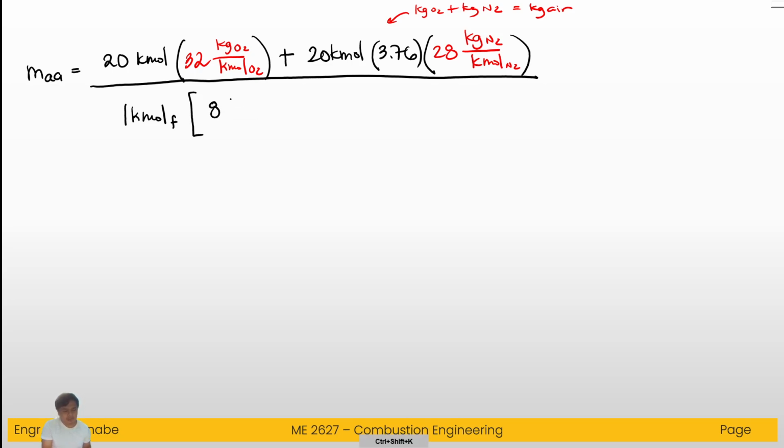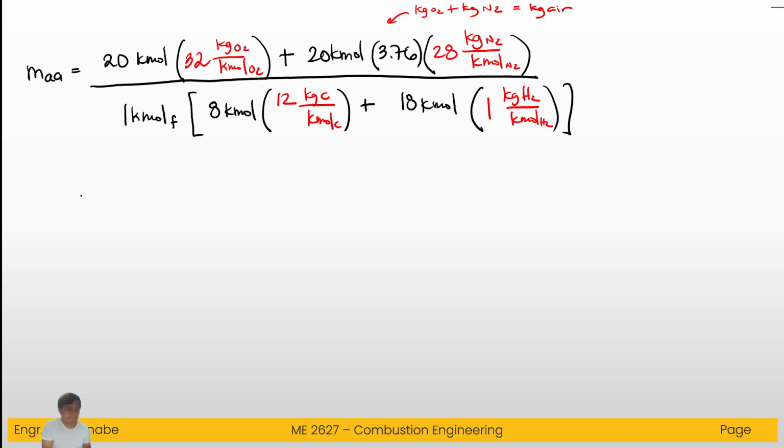So 8 kilomoles again of carbon multiplied by its molecular weight, which is 12 kilogram of carbon per kilomole carbon, no? And then plus you have 18 molecules for octane of hydrogen, and then you multiply this by 1 kilogram of hydrogen per kilomole of hydrogen.